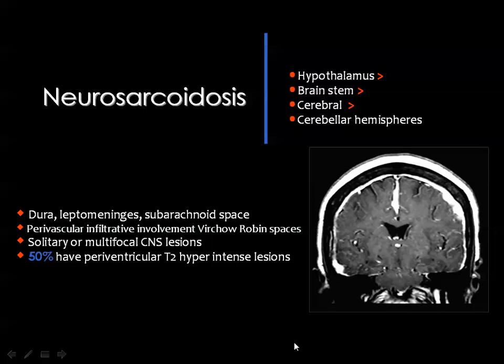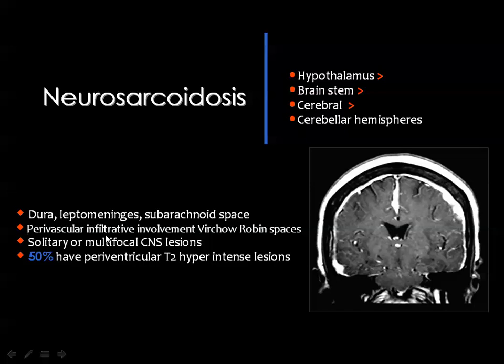While intracranially, the neurosarcoid can usually affect the leptomeninges and the subarachnoid space. It can also affect the region of the hypothalamus, which is more common than affection of the brainstem, than affection of the cerebral, than affection of the cerebellar hemispheres.